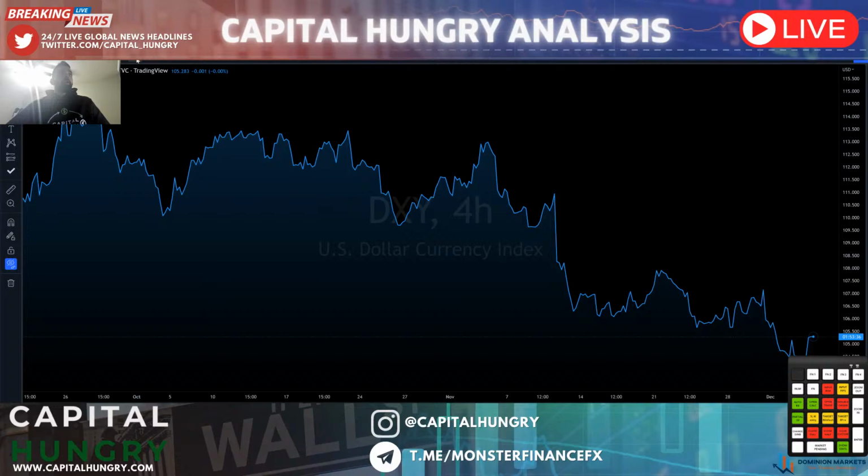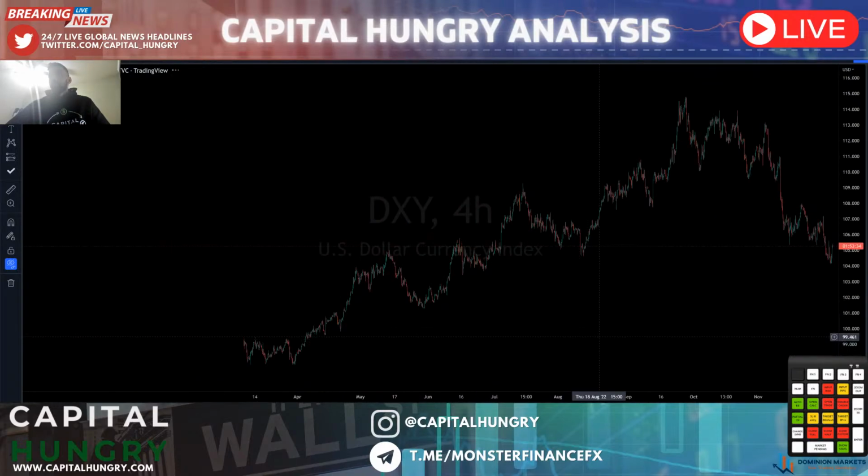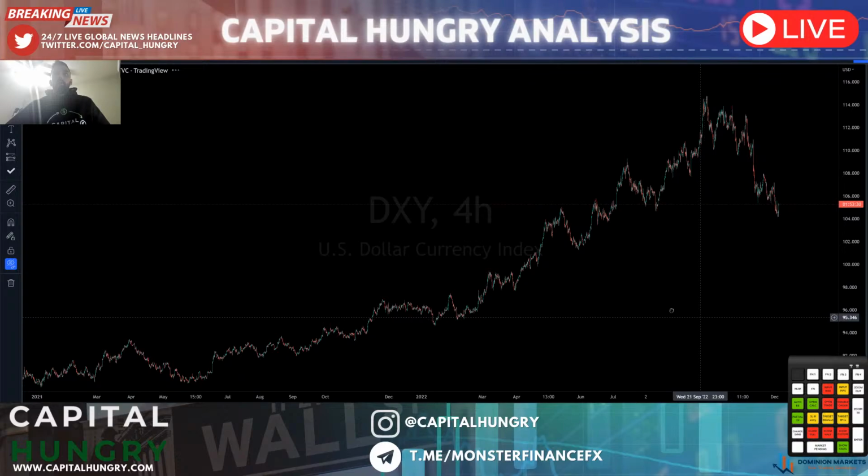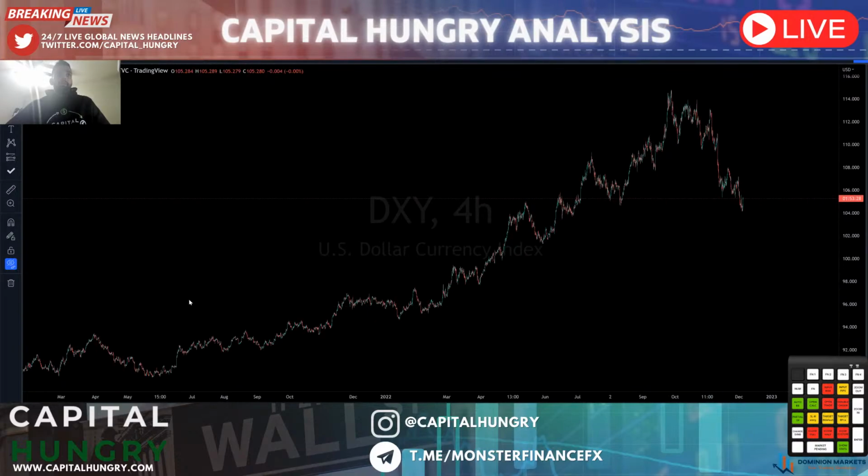So when we're looking at the dollar here, for example, and you're looking at the overall structure, yes, on the higher time frame, we're still very bullish.